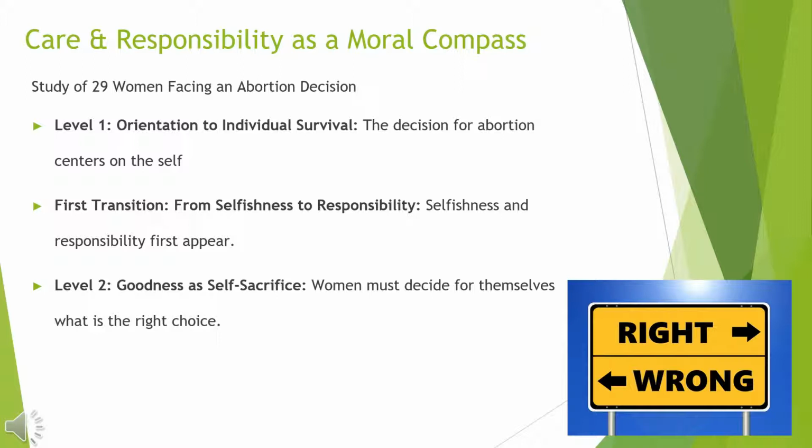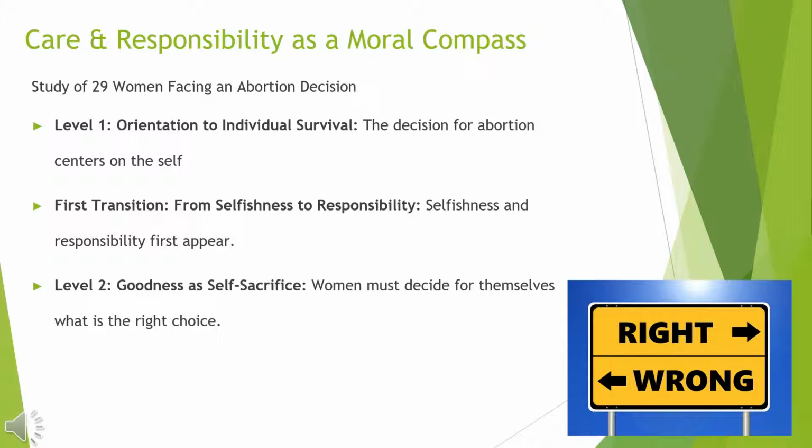The first transition from selfishness to responsibility, this is where selfishness and responsibility first appear. The pregnancy offers immediate and literal connection and attachment to another. However, an adolescent pregnancy generally increases social isolation and precludes the steps towards independence.